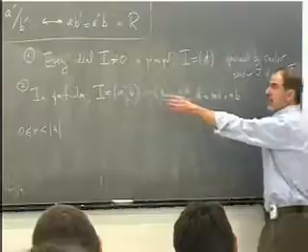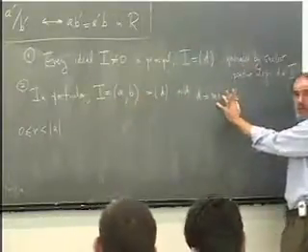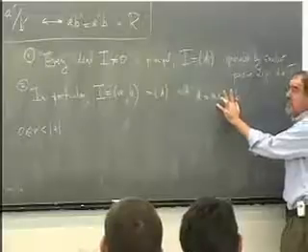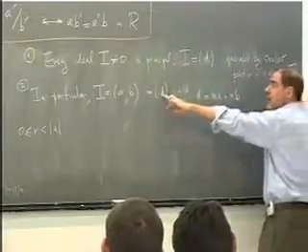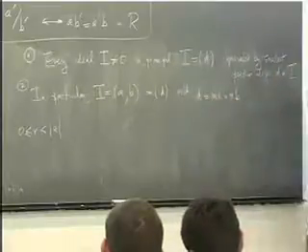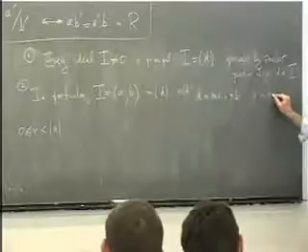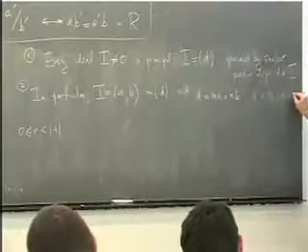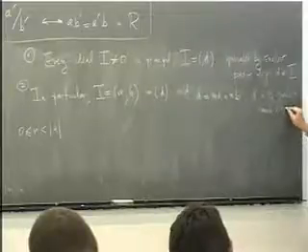Because the ideal generated by two integers consists of all integers of this form. That has to be a principal ideal generated by something, by part 1. And consequently, whatever generates the ideal has this expression. And in fact, from that we can conclude that d is the greatest common divisor of a and b.